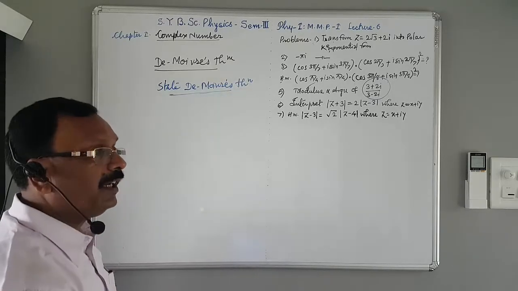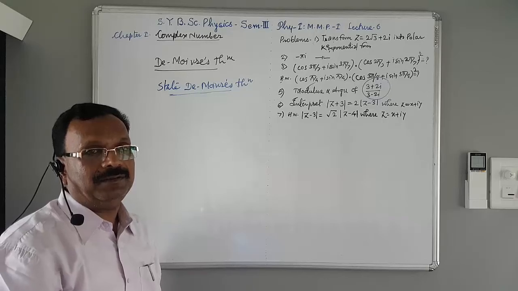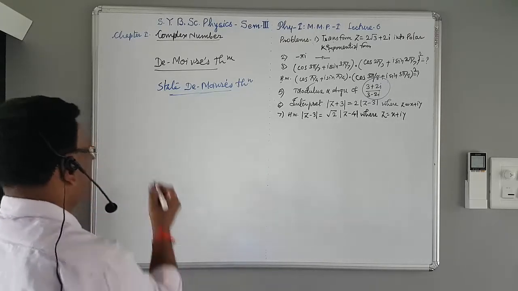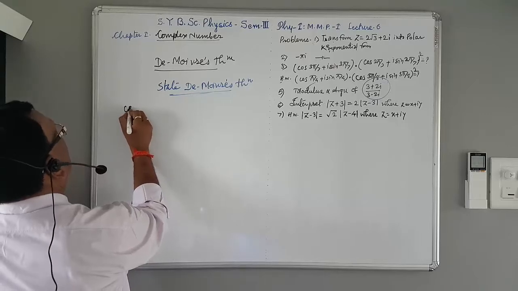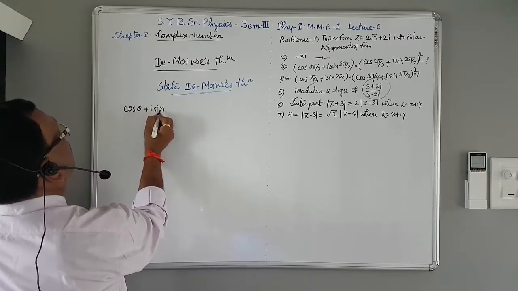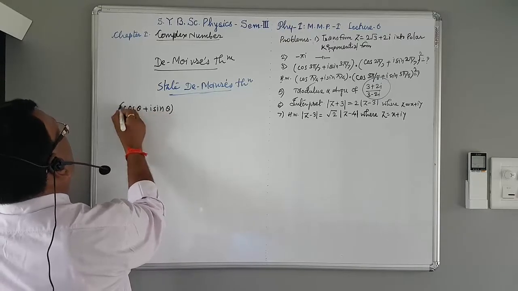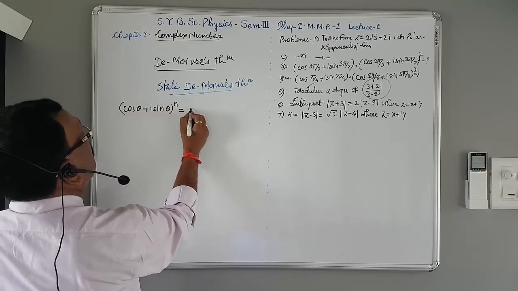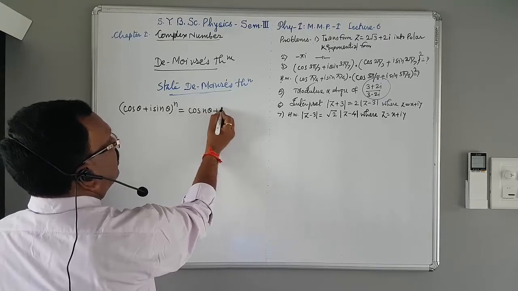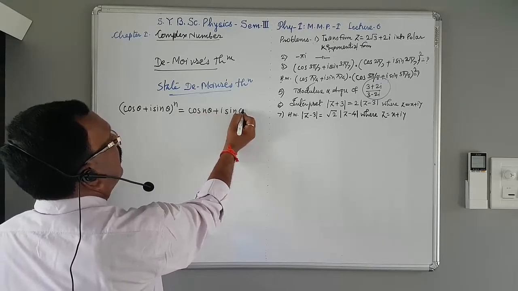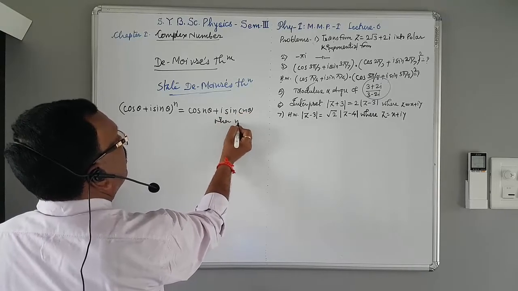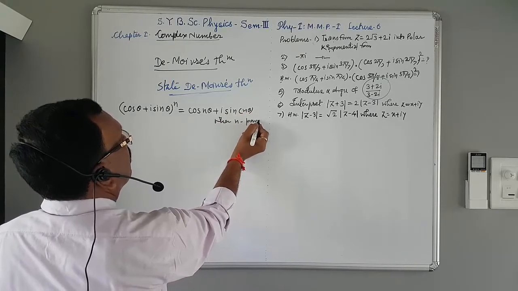So we have to consider here only the statement, and the statement of de Moivre's theorem is very simple, like this: (cos theta plus i sin theta) raised to n is equal to cos n theta plus i sin n theta, where n is the power.